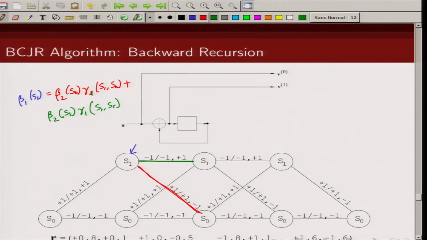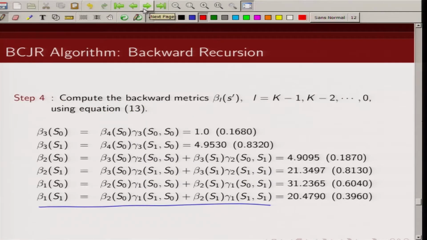So, the one in green corresponds to this transition, the one in red is due to this transition. So, beta 1 S1 can be written as beta 2 S0, gamma 1 S1 S0 plus beta 2 S1, gamma 1 S1 S1, and that is what we have: beta 2 S0, gamma 1 S1 S0, beta 2 S1, gamma 1 S1 S1.